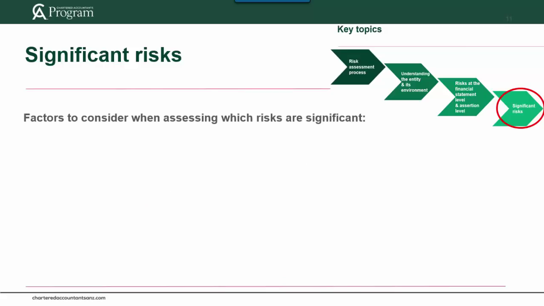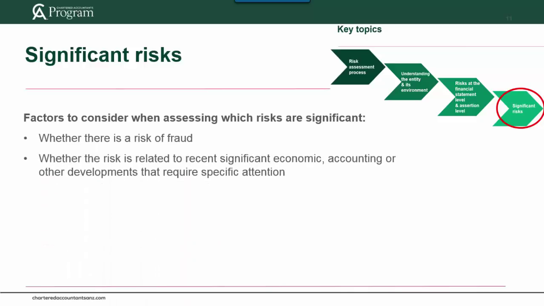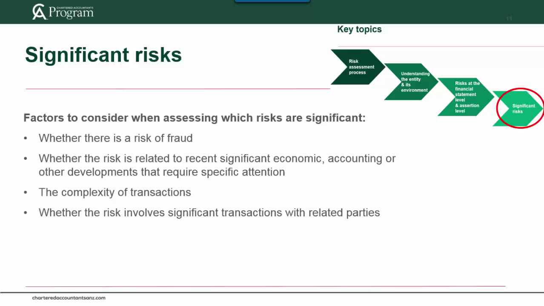The following factors need to be considered when assessing which risks are significant: whether there is a risk of fraud, whether the risk is related to recent significant economic, accounting, or other developments that require specific attention, the complexity of transactions, whether the risk involves significant transactions with related parties.